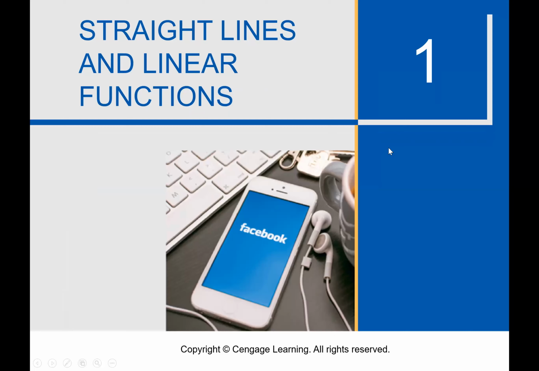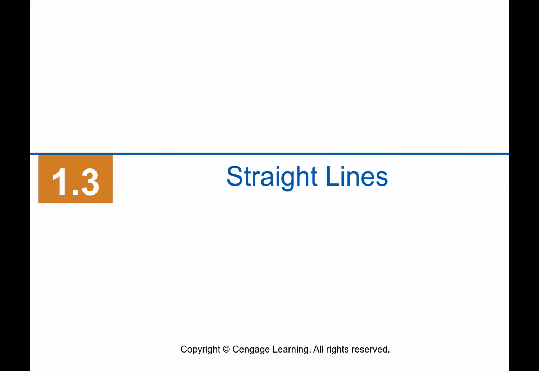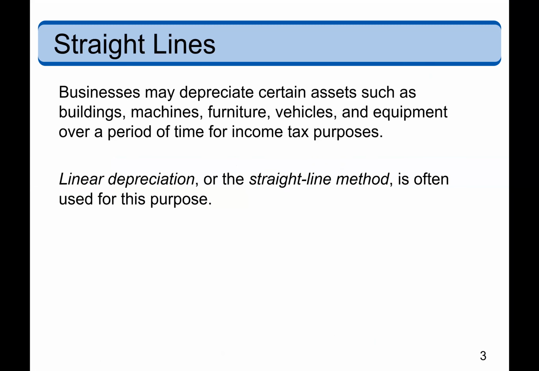All right. Now we're going to take a look at the different ways of writing linear equations and a straight line. A straight line could be applied in different fields, right? Business, finance, a lot of fields.